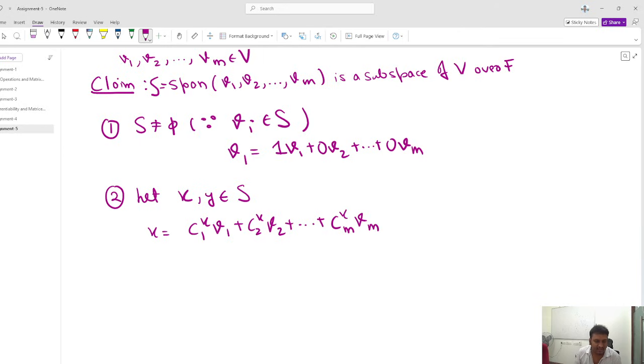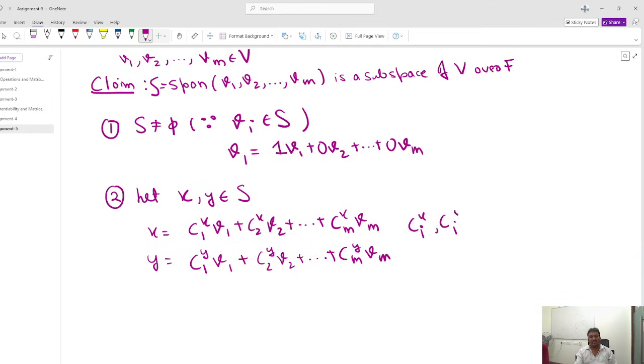Similarly, y will also be of the form c1y v1 plus c2y v2 plus dot dot dot cmy vm. Rather than choosing scalars like ci, I have made them depend upon y, because x and y belong to the span, meaning they are linear combinations of these vectors. Here cix, ciy belong to your field F for every i from 1 to m.